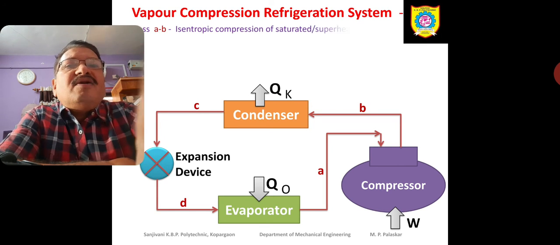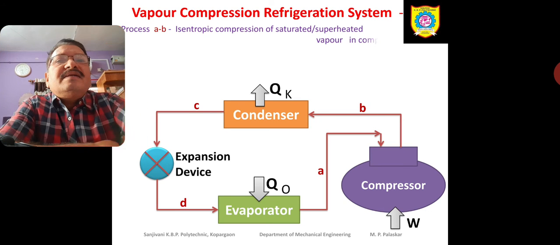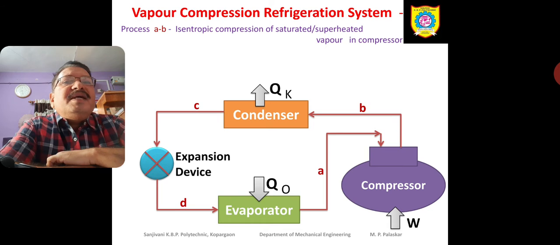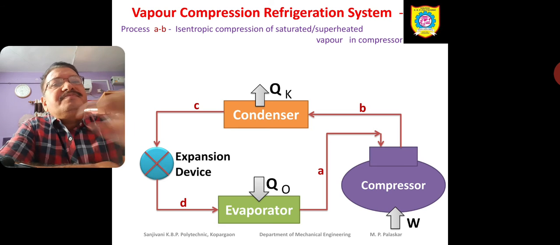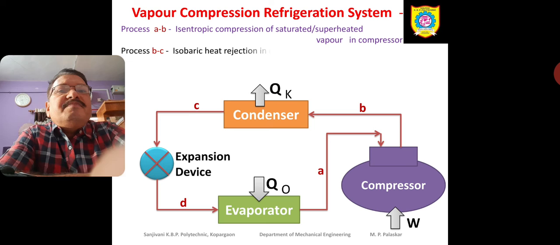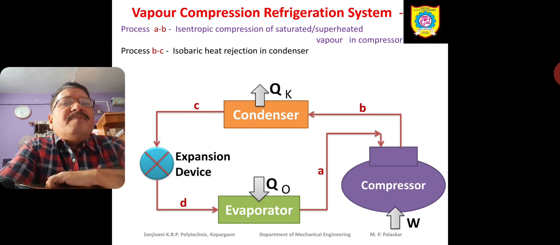So let us revise all these processes. Process AB, isentropic compression of saturated or superheated vapor in the compressor. Process BC, isobaric heat rejection in the condenser.